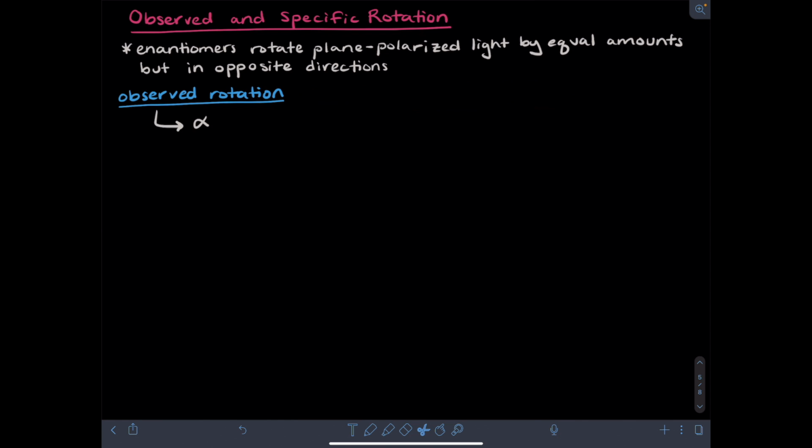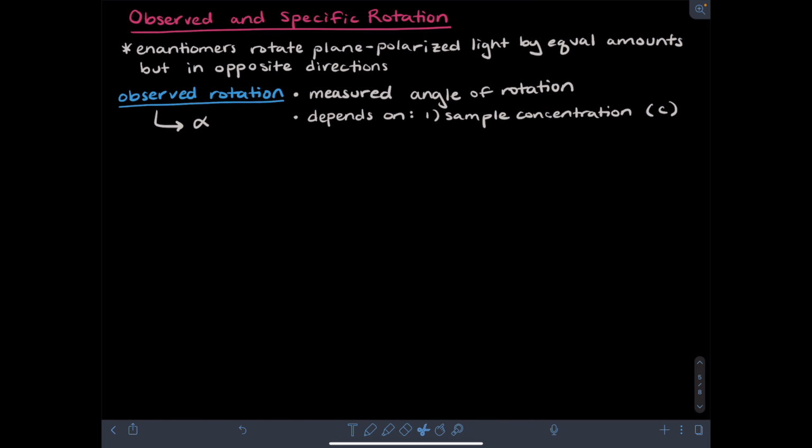What you measure in the lab for your rotated plane polarized light is known as the observed rotation. This is given the symbol alpha. This is your measured angle of rotation for a particular sample, and this depends on a couple of factors.